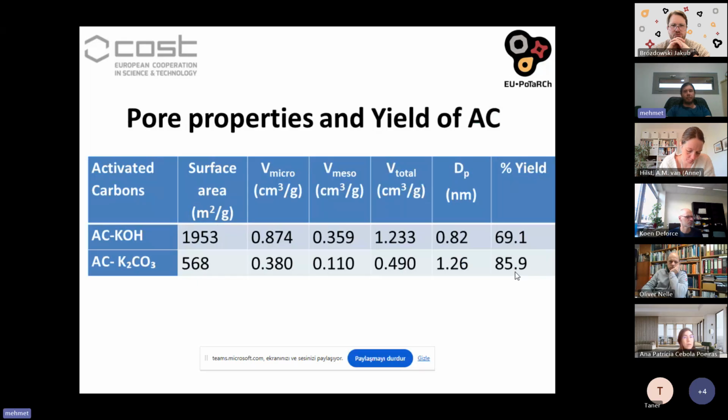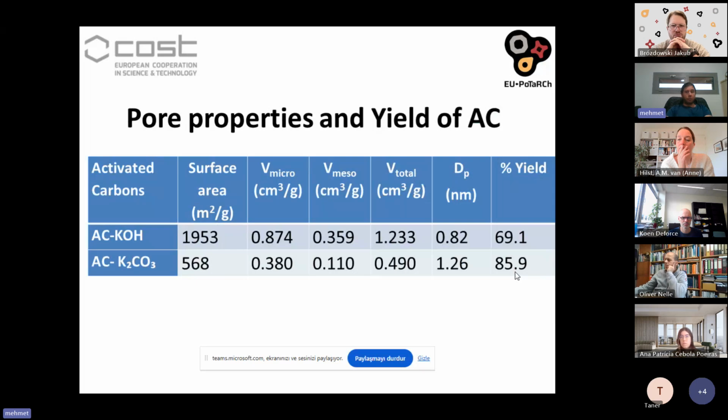For properties and yield of activated carbon, the surface area of potassium hydroxide activated carbon is 1,953, while the surface area of potassium carbonate activated carbon is 568. Furthermore, both activated carbons have a predominantly microporous structure, as you can see.